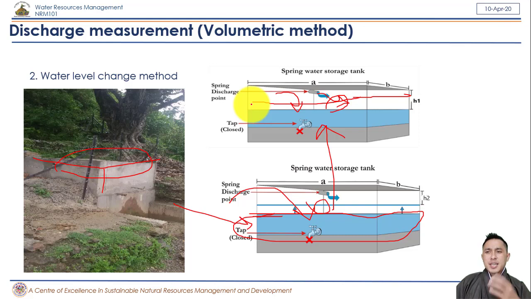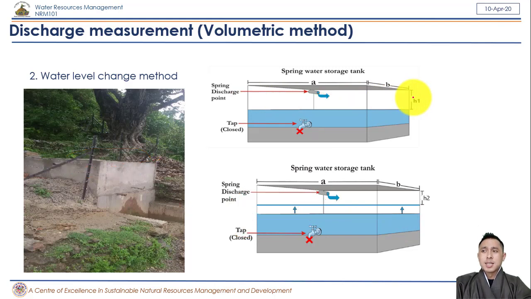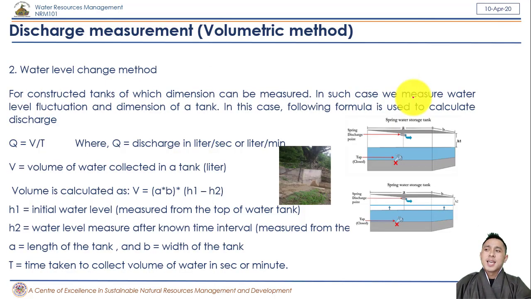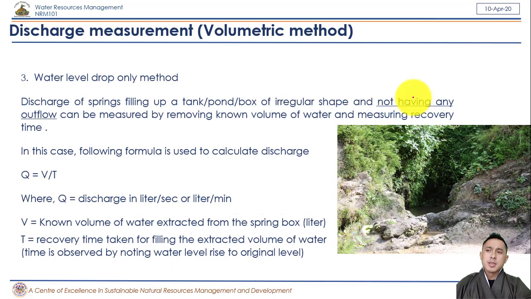You measure the time taken to reach this much volume, and that is your water quantity or water discharge. That's the water level change method. And this is the explanation, you can read it yourself. The other one is the drop method.